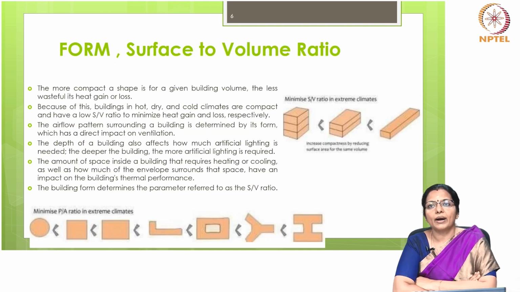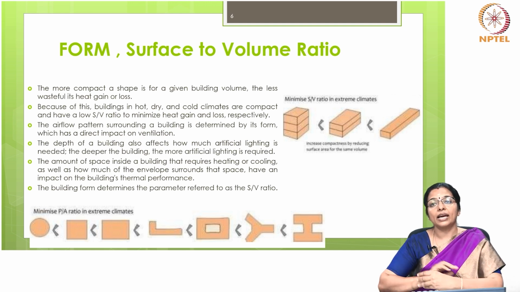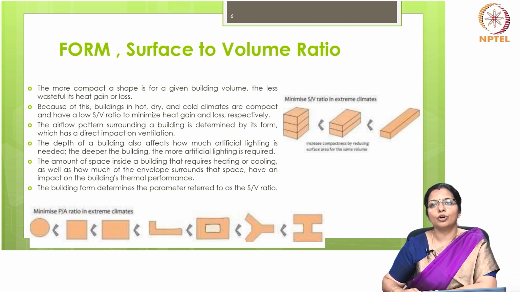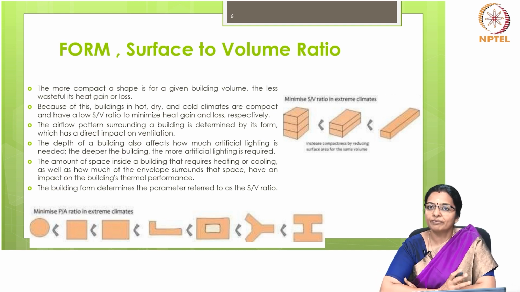The more compact the shape is for a given building volume, the less wasteful its heat gain or heat loss is. Because of this, buildings in hot, dry and cold climates are compact and they have a low surface to volume ratio to minimize heat gain and heat loss respectively.